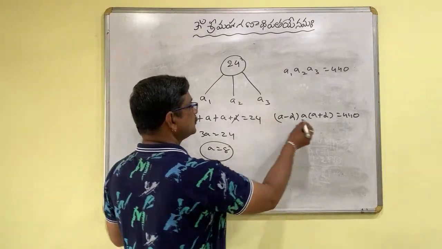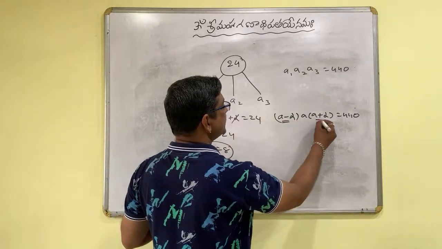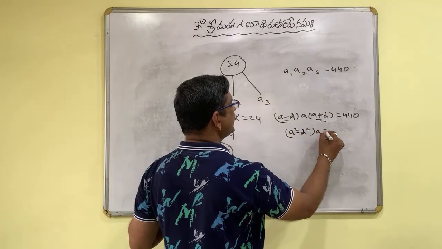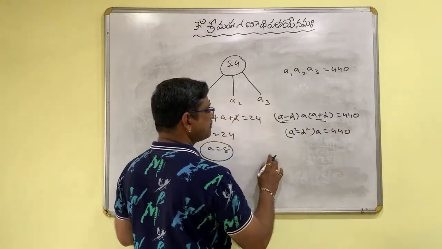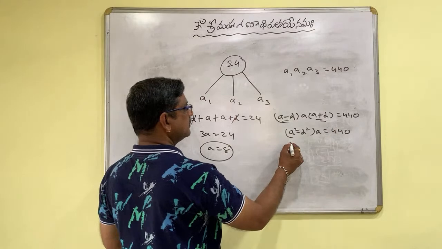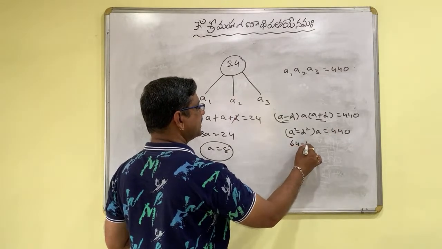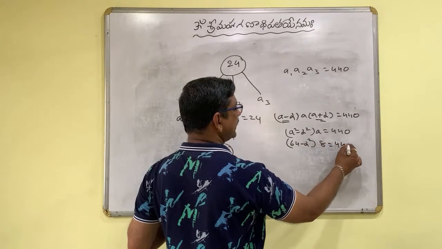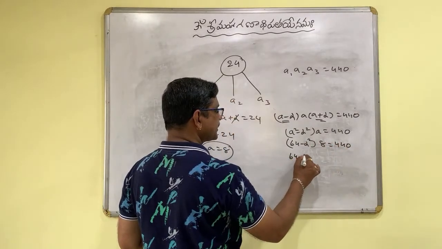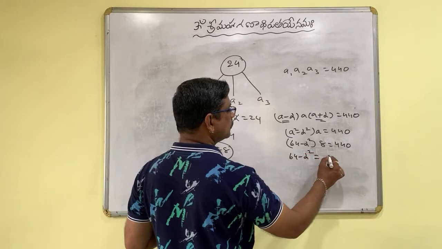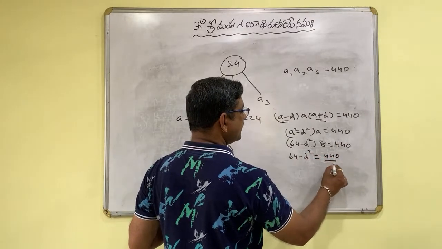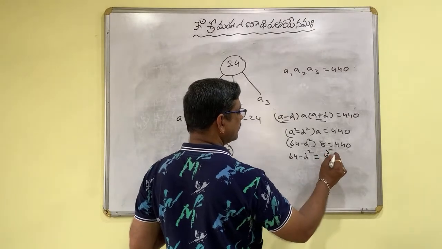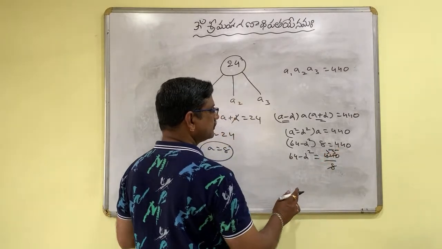Now simplify this. A minus D, A plus D gives A squared minus D squared, into A is 440. A we have 8, A square is 64, minus D square into A is 440. 64 minus D square is equal to 440 by 8. 8 5s are 40.